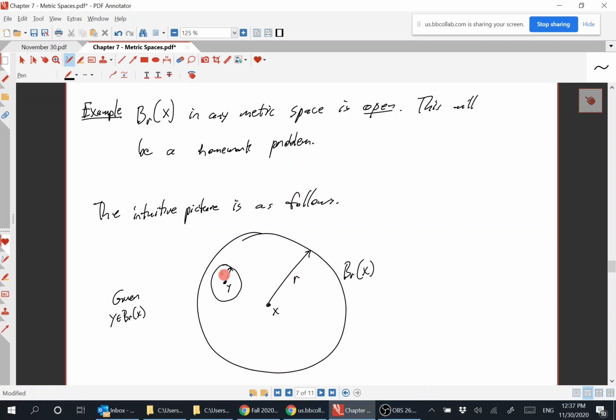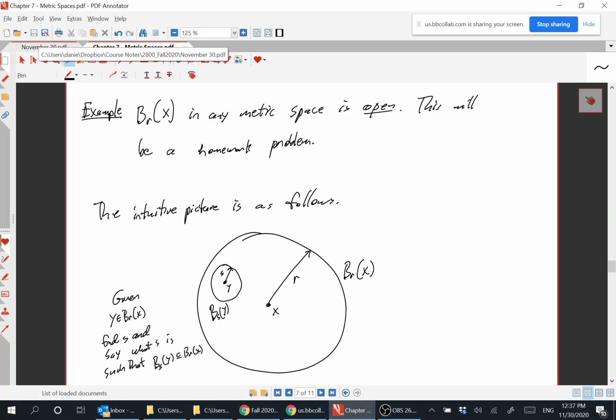Okay, so this is S. So given Y in B sub R of X, find S and say what S is, such that B sub S of Y is a subset of B sub R of X. You can't just say, oh, there is an S, and leave it. You have to tell me what S is.